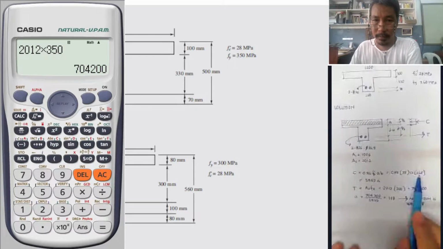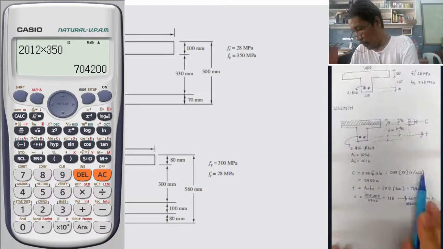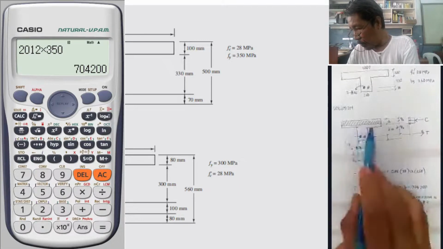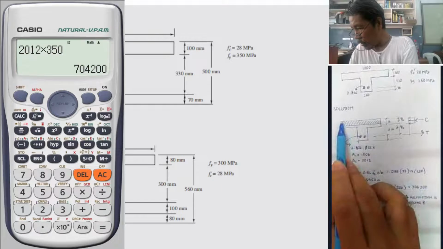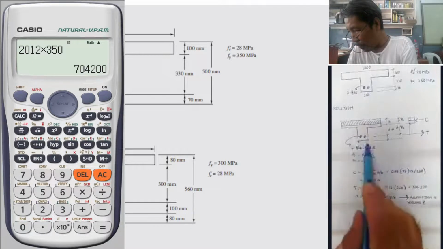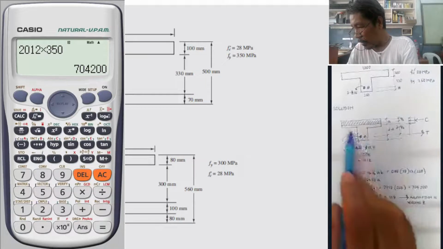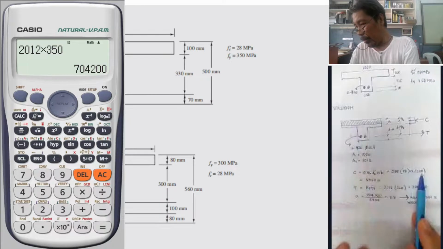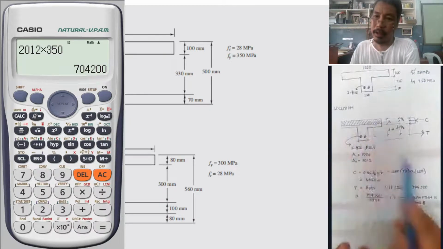Okay? Because from this point to this point, this is 1,200, not 250. 250 is the thickness of the web, not the width of the flange. Okay? So this is our model. 1,200 is supposed to be there.